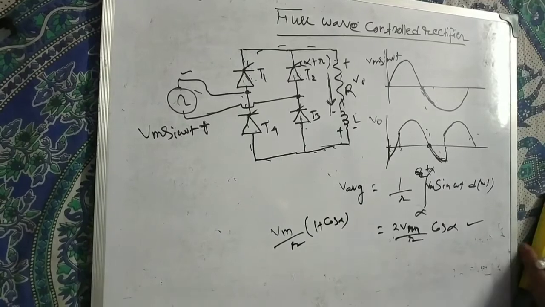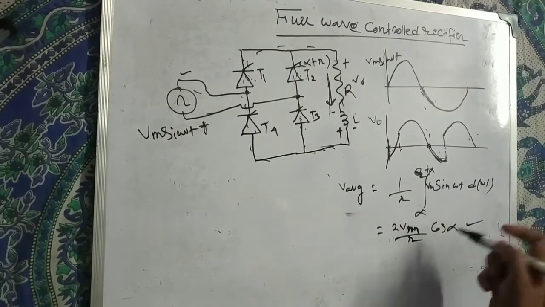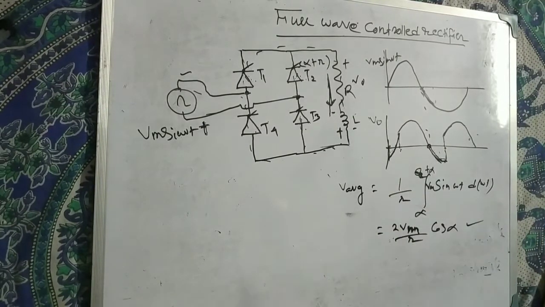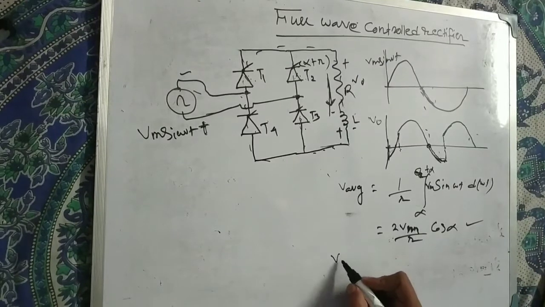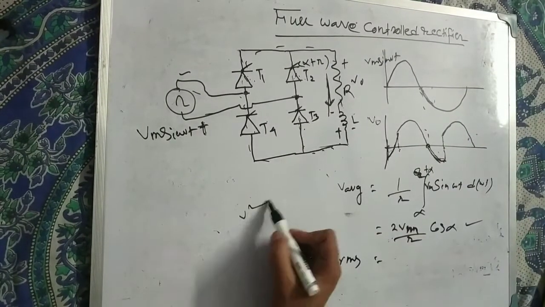For the RMS value: if the load is inductive, the average voltage will be less, but the RMS voltage will be the same, because VRMS involves squaring and then taking the root.